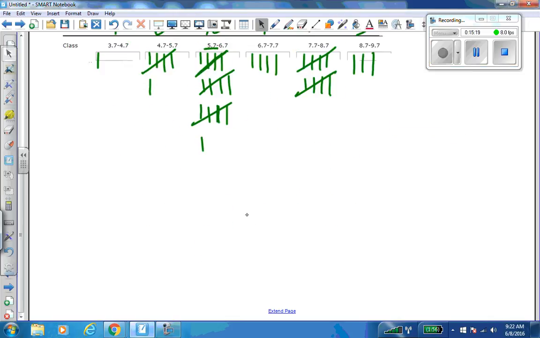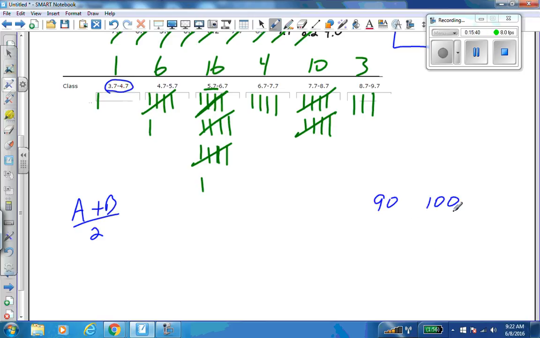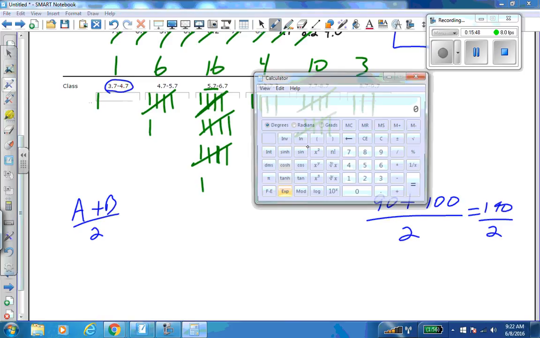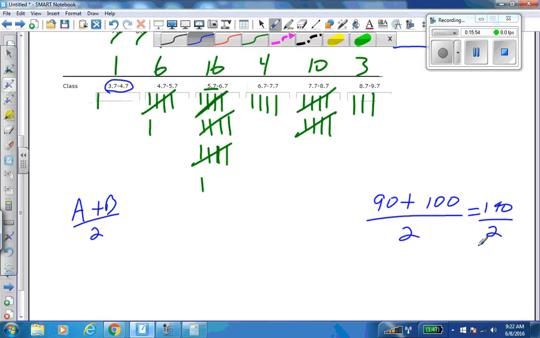One part asks for the midpoint of each class. The midpoint is the point that's halfway between those. Anytime we have two numbers and want the number between them, we add them up and divide by 2. For example, if you made a 90 on the first test, 100 on the second test, halfway between those is a 95. If you add those together, 190, divide by 2, you get 95, which is halfway between 90 and 100.